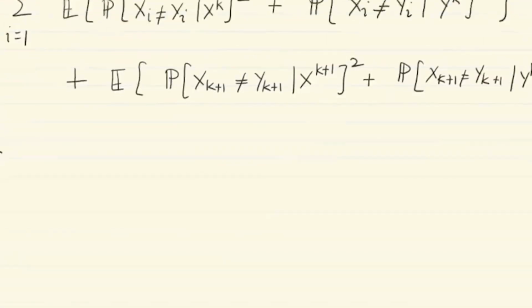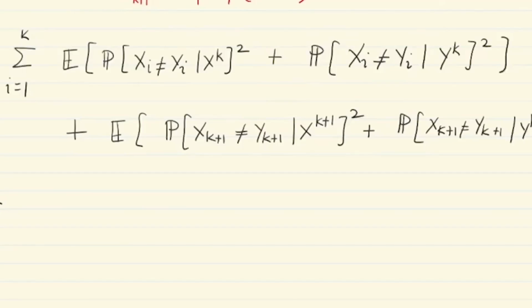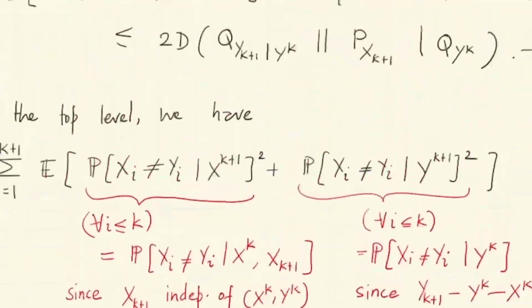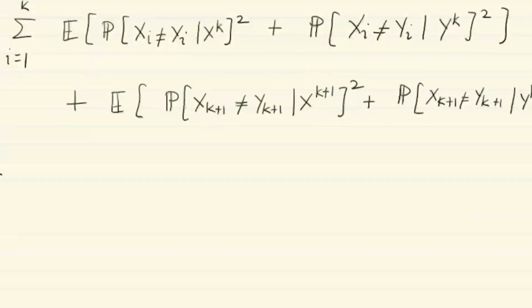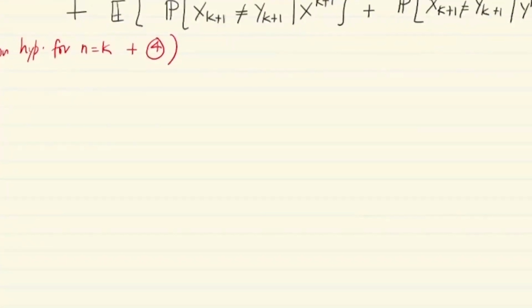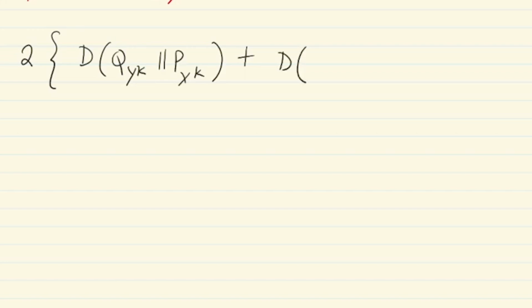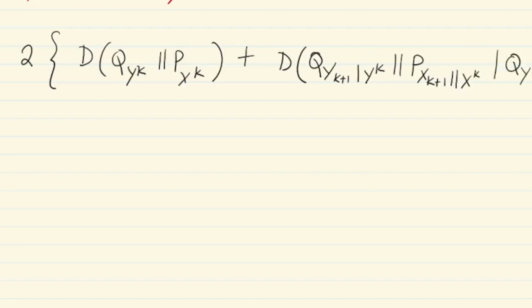And now we are in a position to finally bound this. We'll use the induction hypothesis on the first sum. Note that we have massaged the first sum into exactly the form that the induction hypothesis for n equal to k guarantees us, and we will use inequality 4 on the remaining part. The induction hypothesis for n equal to k plus inequality 4 gives us the authority to write this as upper bounded by d of q yk with p xk, plus, by 4, the right hand side of 4, which is q yk plus 1 given y all the way up to k with p xk plus 1, itself the conditional distribution of xk plus 1 with respect to xk given q yk.